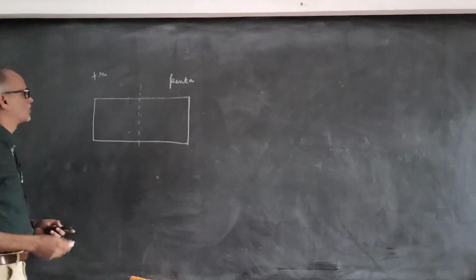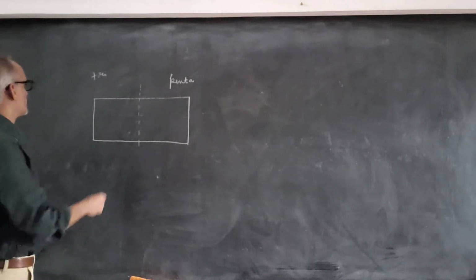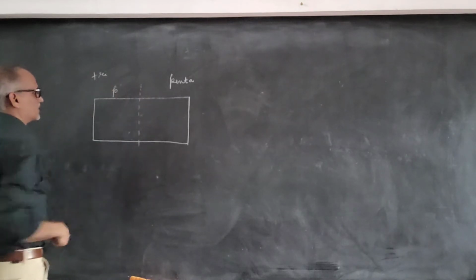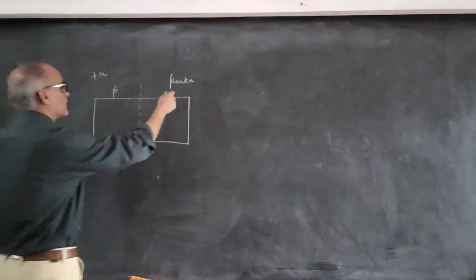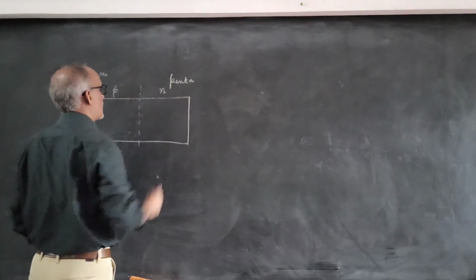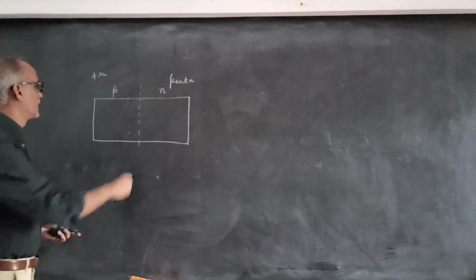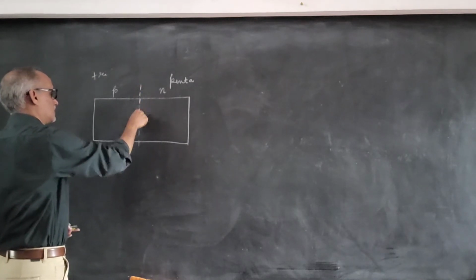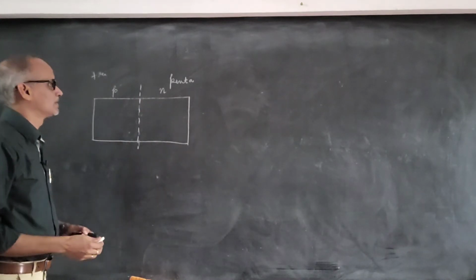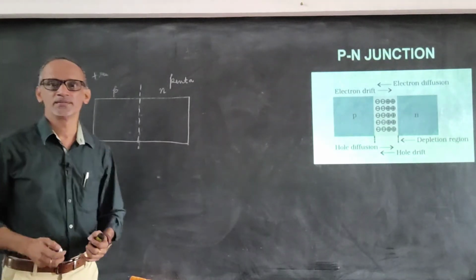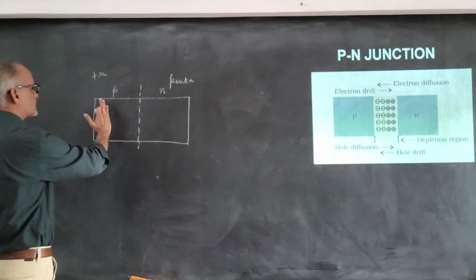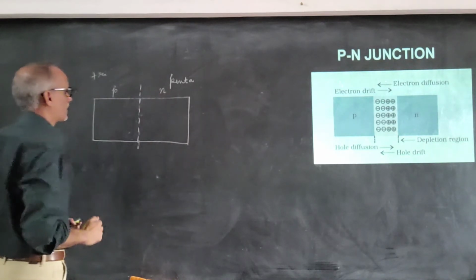When one end is doped with the trivalent impurities, this part of the semiconductor becomes a p-type semiconductor, and the other end, which is doped with the pentavalent impurity, becomes n-type semiconductor. And this is the region that separates the p and n, and this type of arrangement is called a p-n junction. A p-n junction is one in which one end of the semiconductor is p-type and the other is n-type.